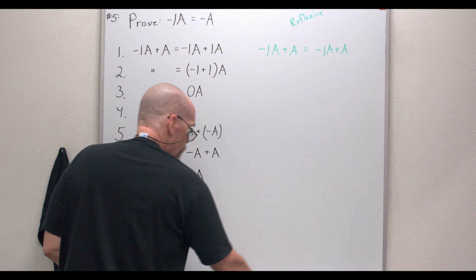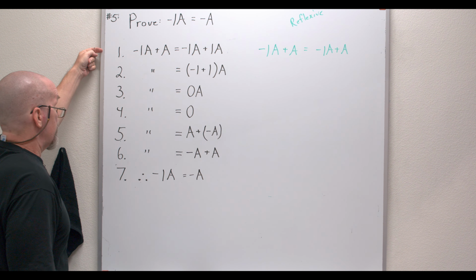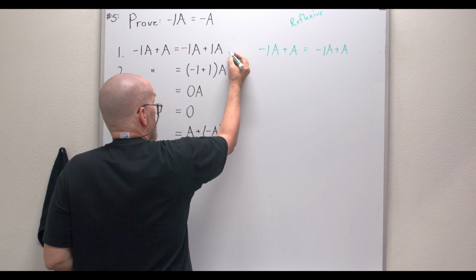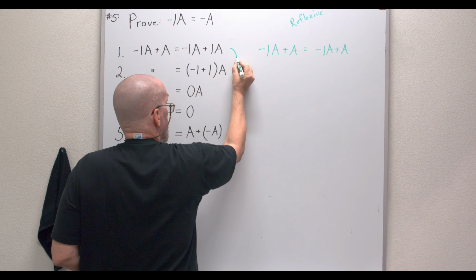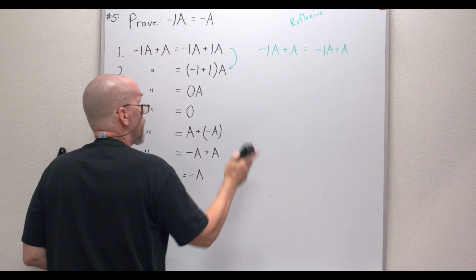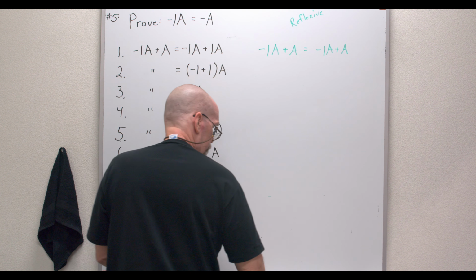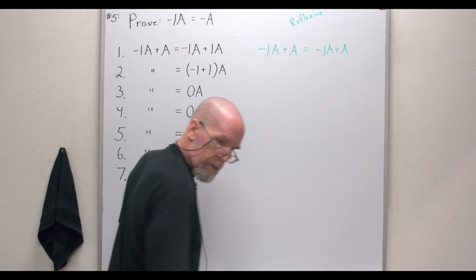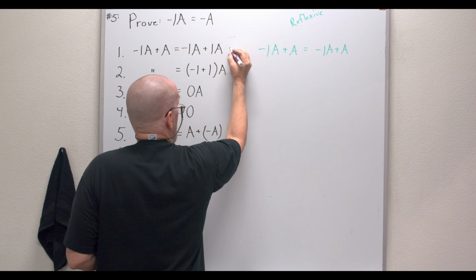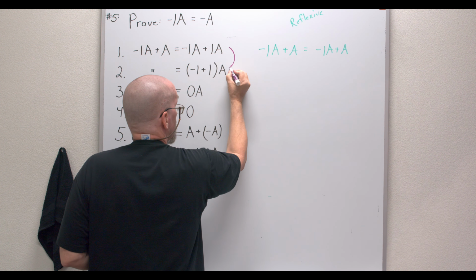Starting with step 2, I actually started with step 1 and told you what that was, reflexive property. But when they say step 2, they're referring to from 1 to 2. I'm going to change to a different color to distinguish. There it is. So from step 1 to step 2 is what they are referring to as step 2.